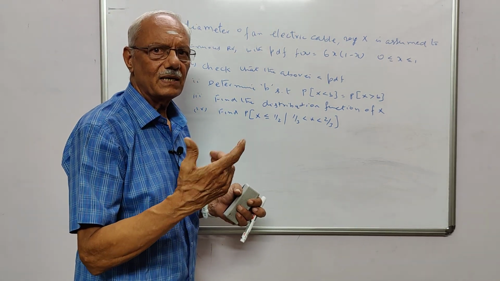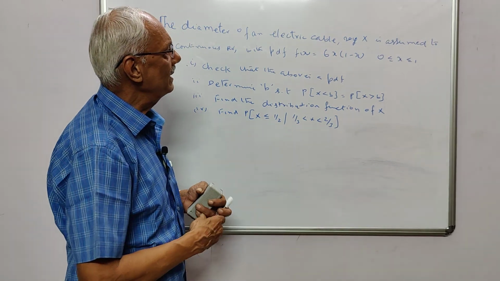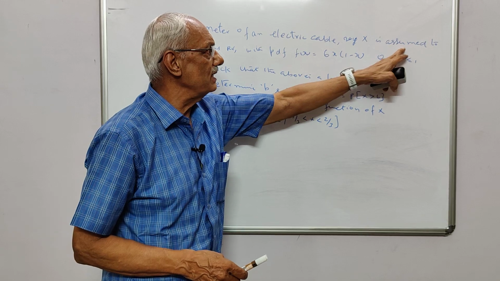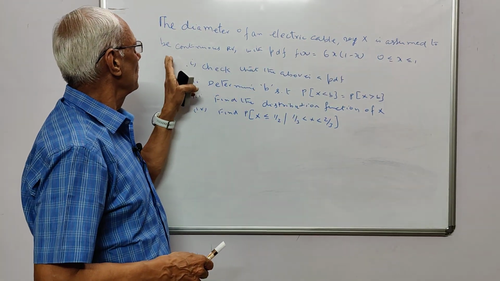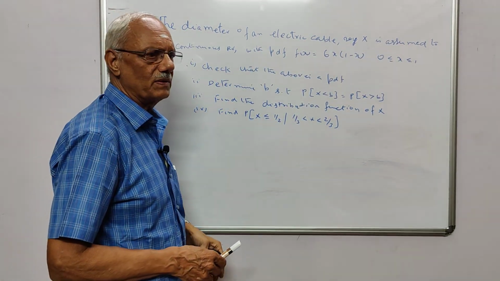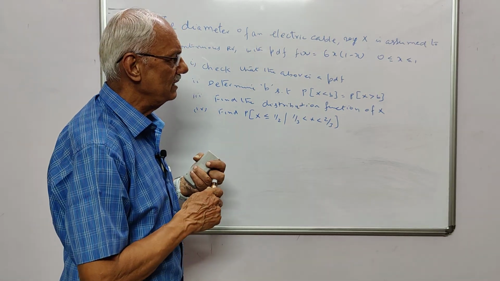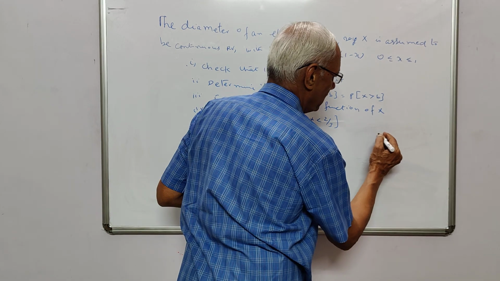This random variable x is assumed to be a continuous random variable. That means this random variable will be taking values from 0 to 1.